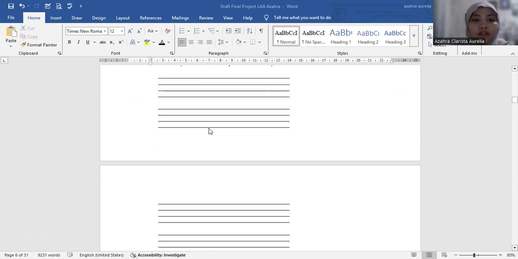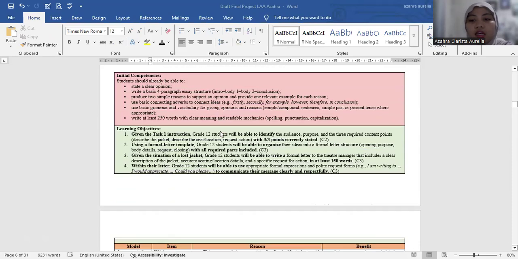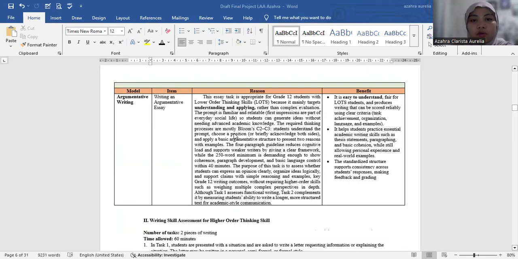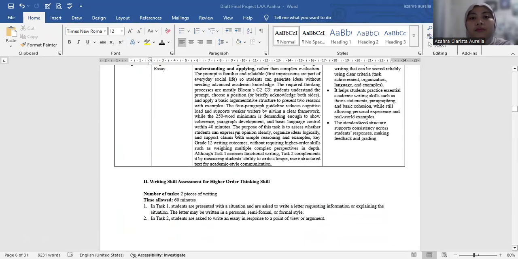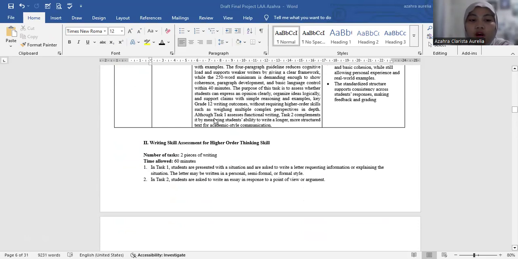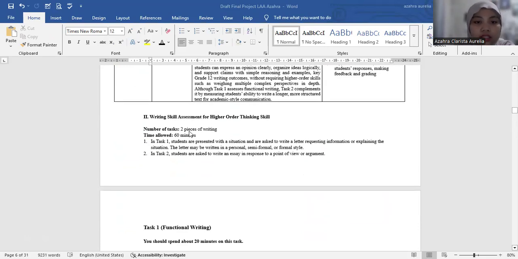And the benefit of this task is that it helps students to practice academic writing basics such as paragraphing, coherence, and supporting ideas, which are essential for grade 12. And then now we move to the writing skill assessment for students with high order thinking skill.